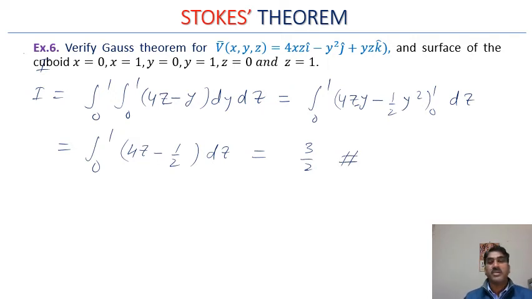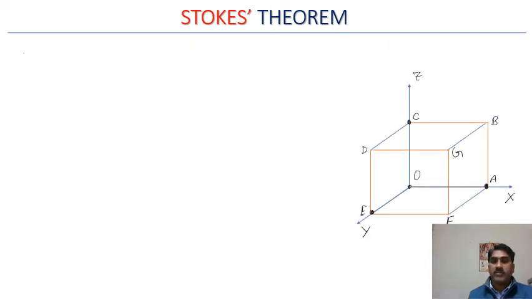But the question requires us to verify the theorem, which means we need to obtain the same result without using the Gauss divergence theorem. So let us start finding the same. In order to verify the Gauss divergence theorem, we need to take the surface integral on all these surfaces.